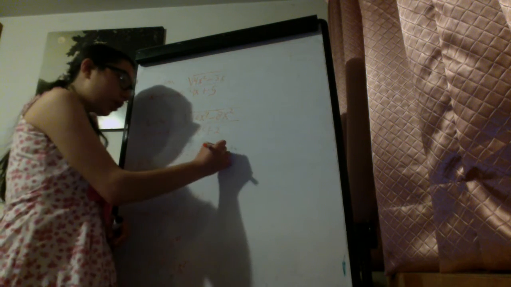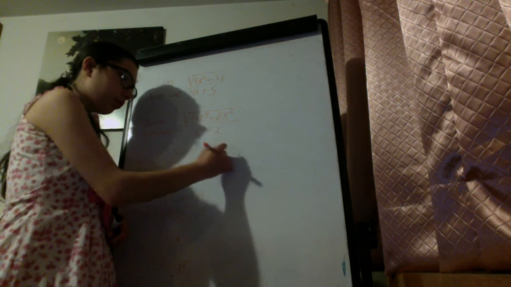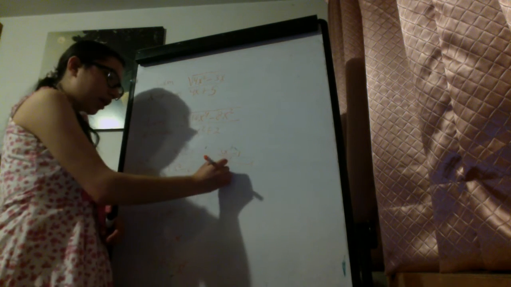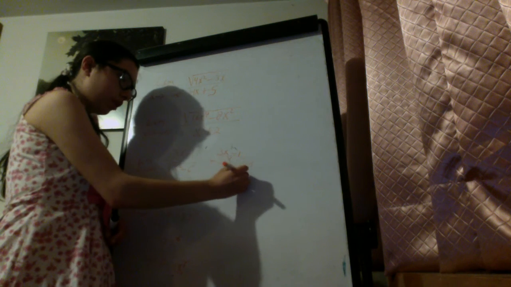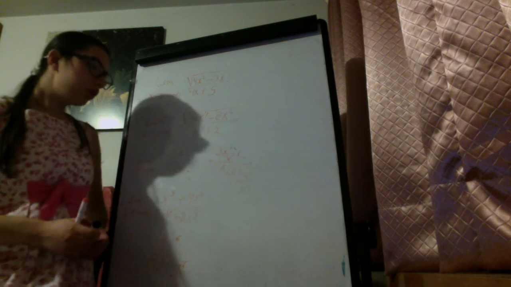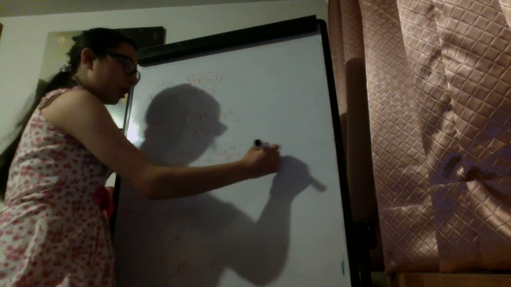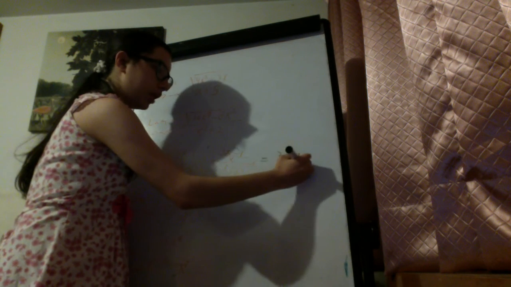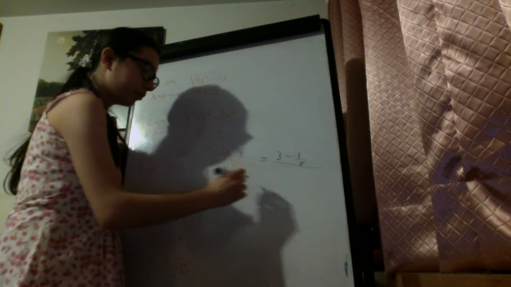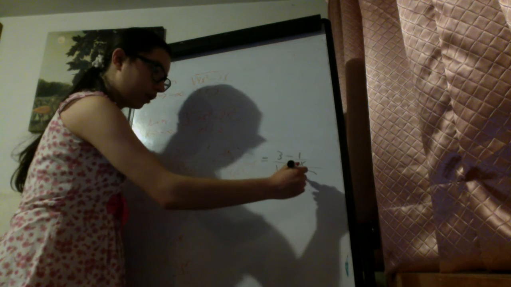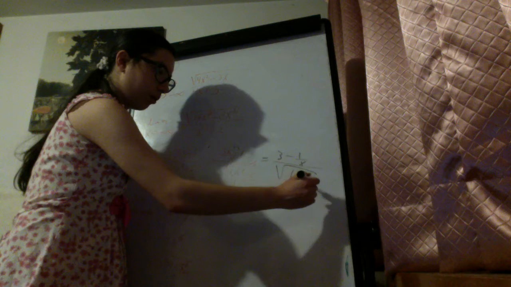So here would be 3x minus 1 divided by x, divided by the square root of x squared minus 6 divided by the square root of x squared. So here you have 3 minus 1 over x divided by the square root of 1 minus 6 over x squared.